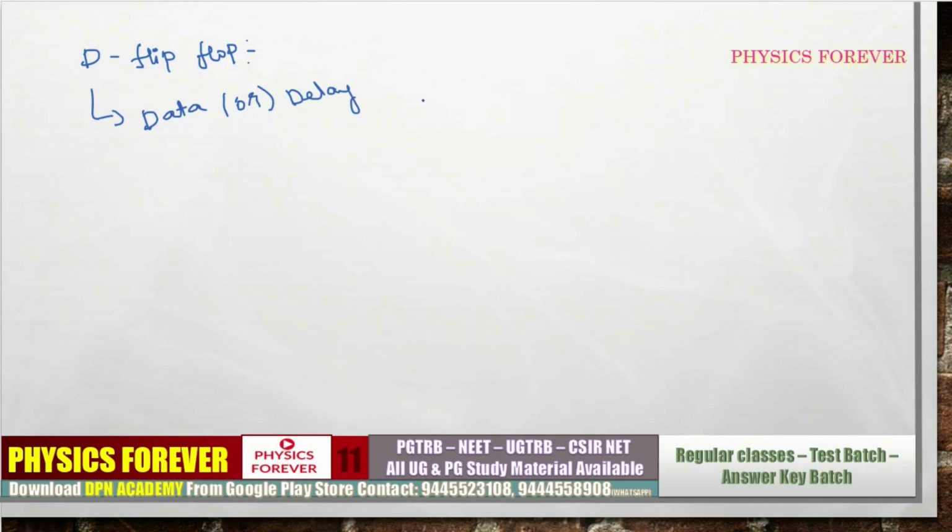So, the truth table for the D flip-flop: D, and meanwhile we apply the clock pulse, then we get the output Q.